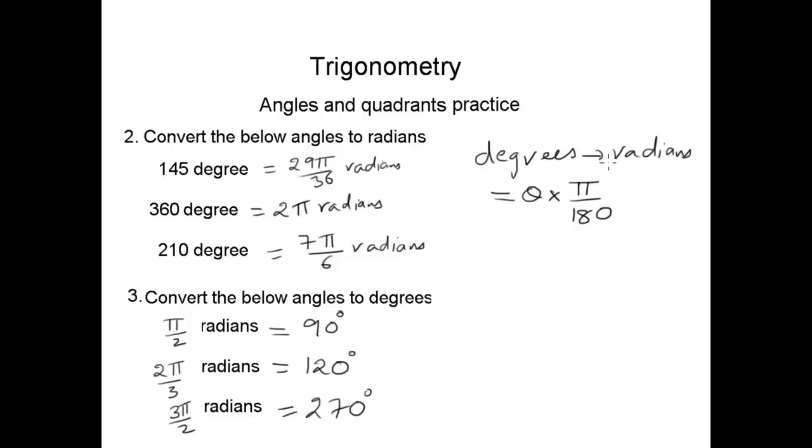Then you get radians. If you want to convert from radians to degrees, then you multiply the angle here, say theta, times 180 over pi.